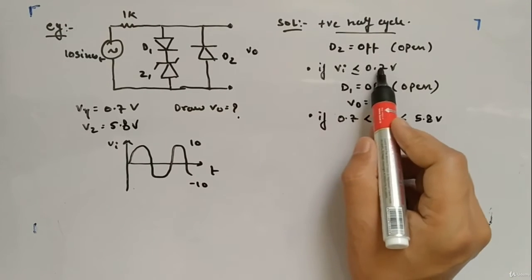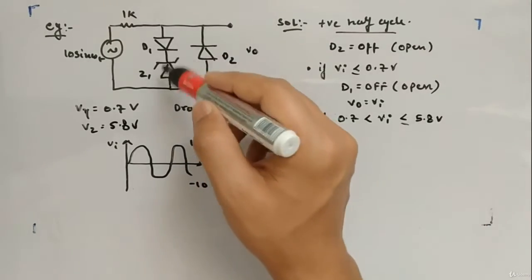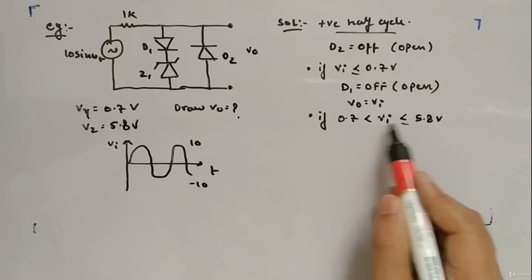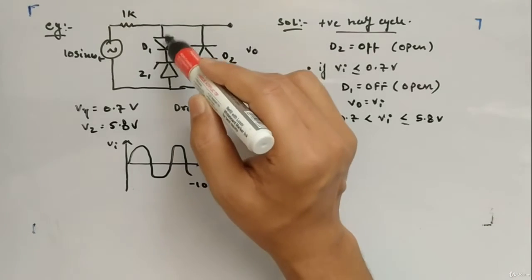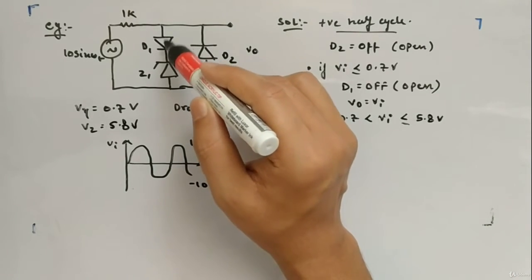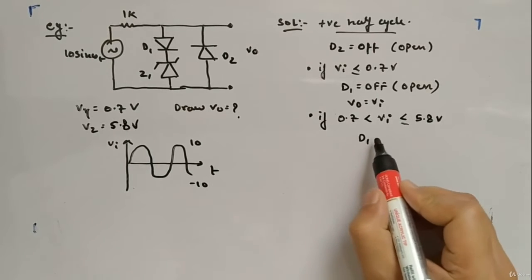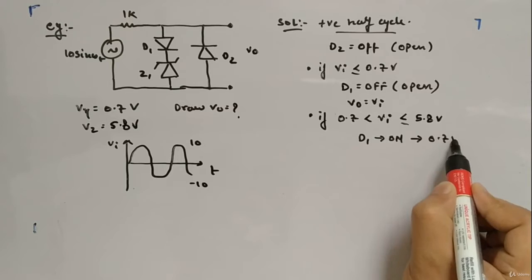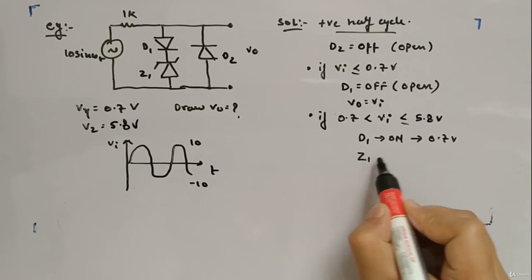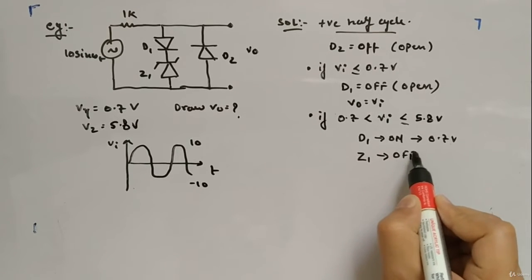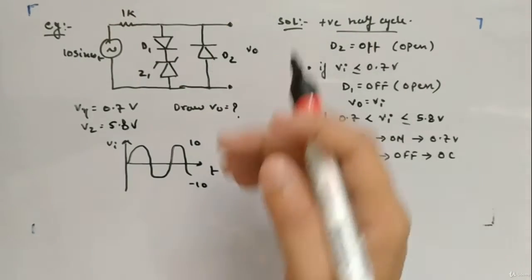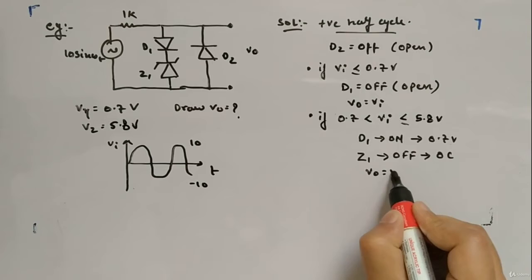So if it is equal here, then it will be off, no use of this branch because it's open. If that's the case, 0.7 and 5.8, then D1 will be on, means 0.7 volt, but Z1 will be off. Okay, which means open circuit. So again this branch will have no effect, means V0 will be equal to Vi.